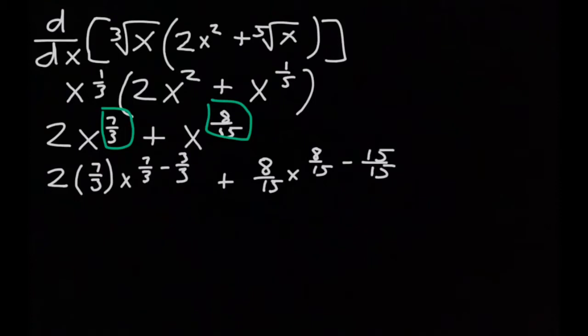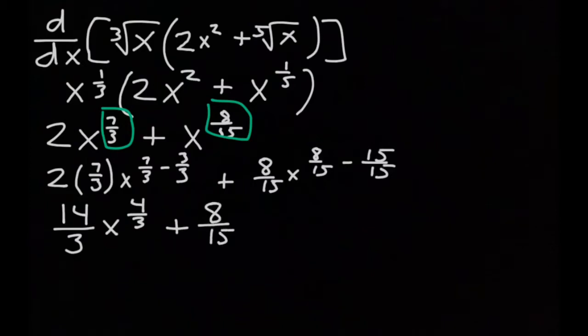Let's simplify this now. So we'll have 14 over 3 x to the power of 7 over 3 minus 3 over 3, which is x to the 4 over 3. For the second term, we'll have 8 over 15 x to the power of 8 over 15 minus 15 over 15, which is simply negative 7 over 15.